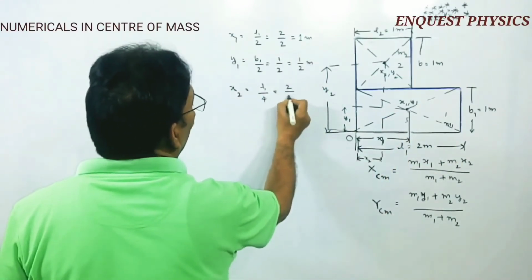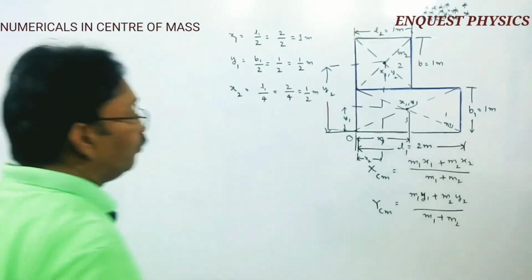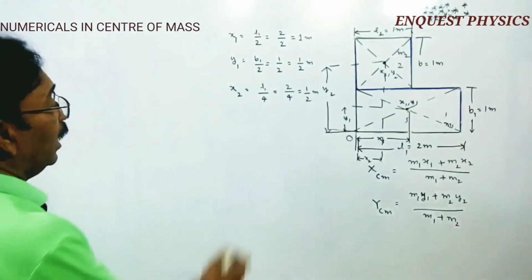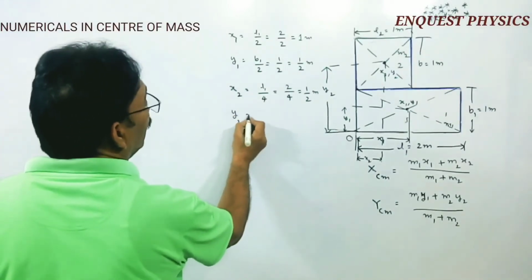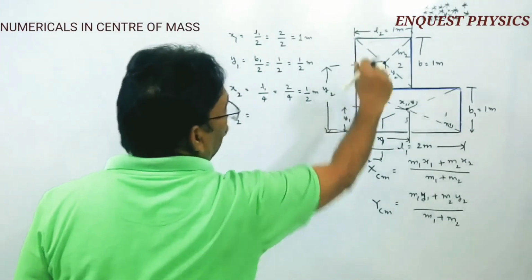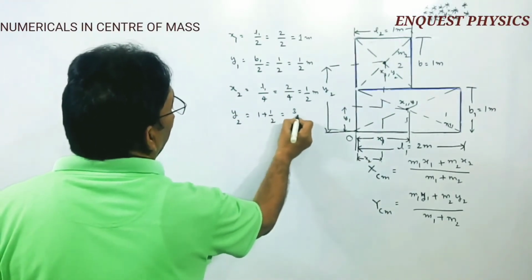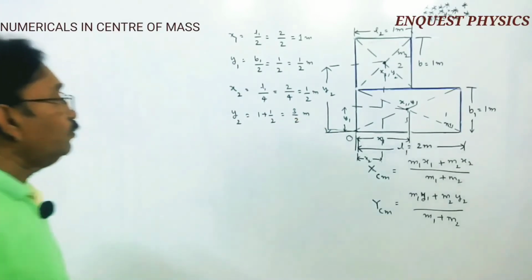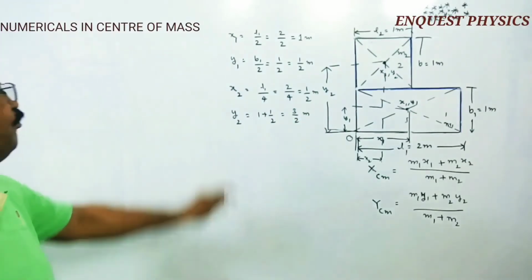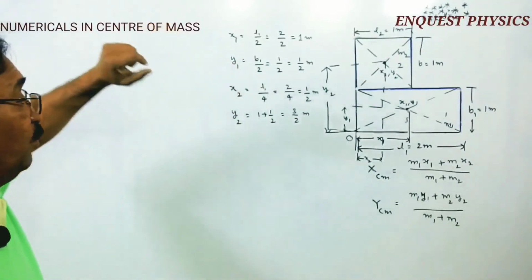That is 2 by 4, which is 1 by 2 meter. Okay, students. And y2, this one, it is 1 meter and half meter. 1 plus half, it is 3 by 2 meter. Okay, students, we have the coordinates x1, x2 as well as y1 and y2.